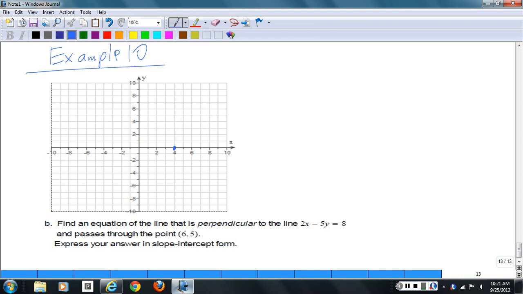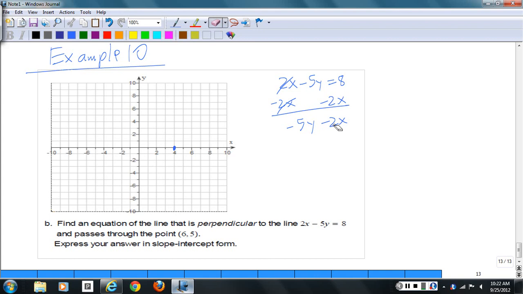One way is to substitute 0 and solve for x, but it might be a good idea to take the equation and put it in slope-intercept form. So let's do that and see if we can find the y-intercept that way. 2x minus 5y equals 8. If we subtract 2x from both sides, we get negative 5y equals negative 2x plus 8.